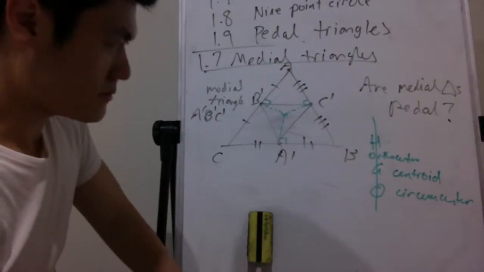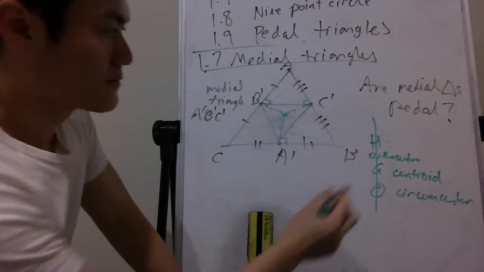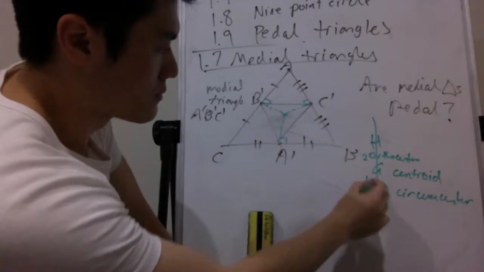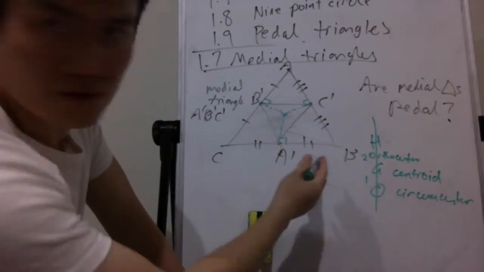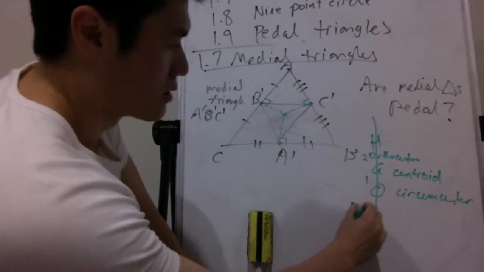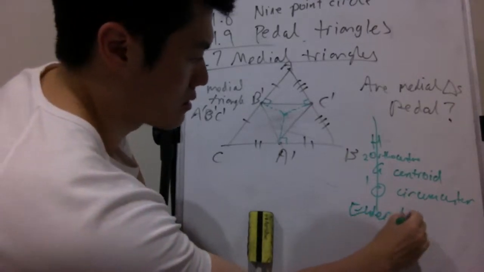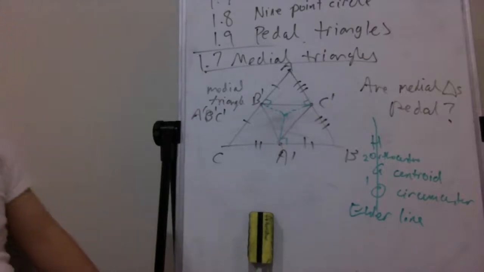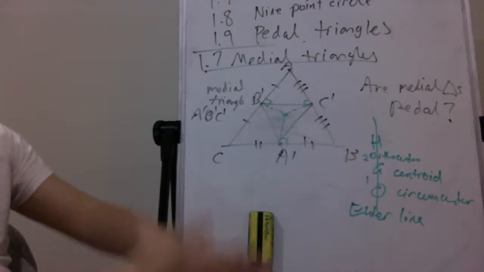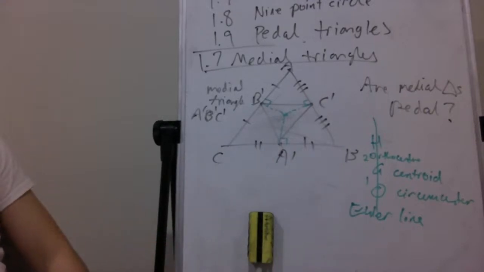I can't remember if it's 2 to 1 or 1 to 2, but we'll check it later. The ratio. And the line is called the Euler line. I guess we can slowly work our way up to that. I don't want to randomly say facts and then throw a punchline at you.